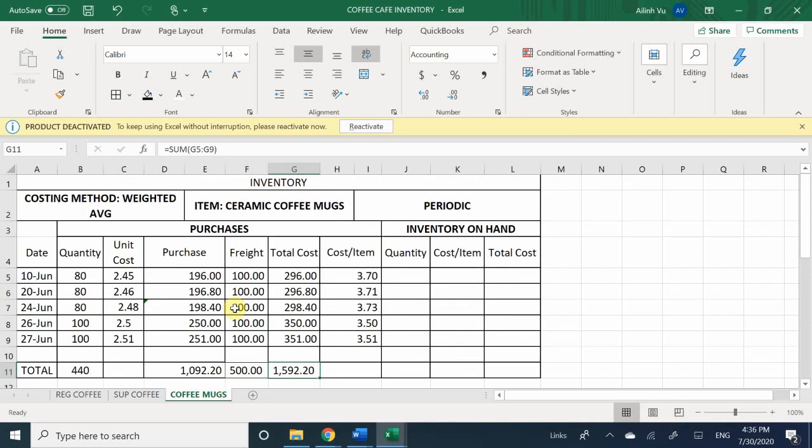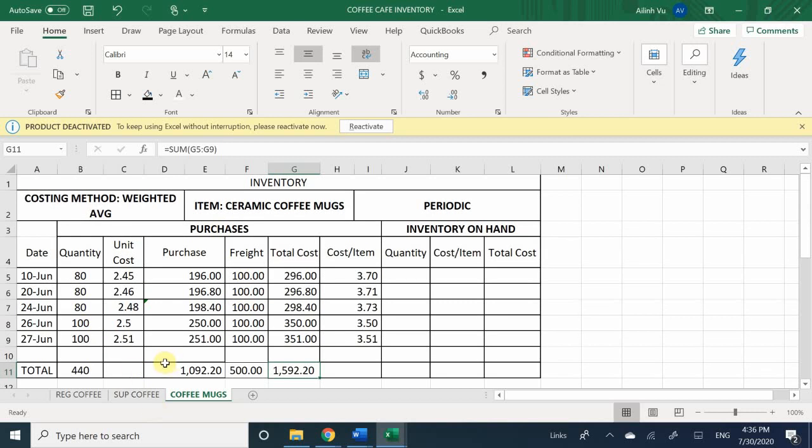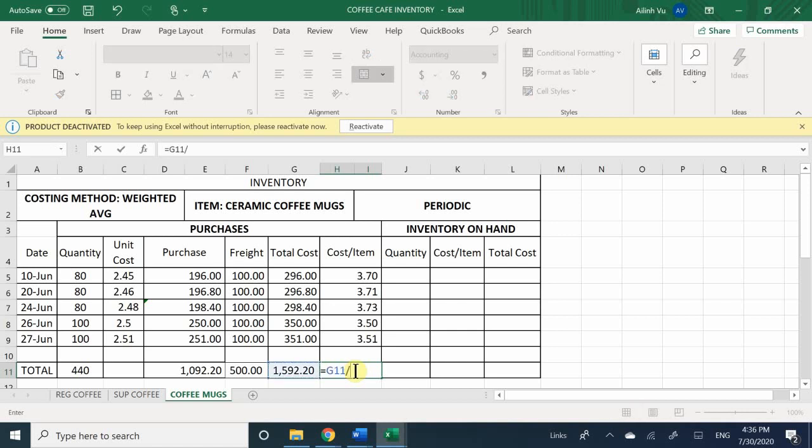So what did you solve for? The unit cost. Cost per item. How did you solve for this? I took $1,592.20 and divided that by 440. Why did you do that?